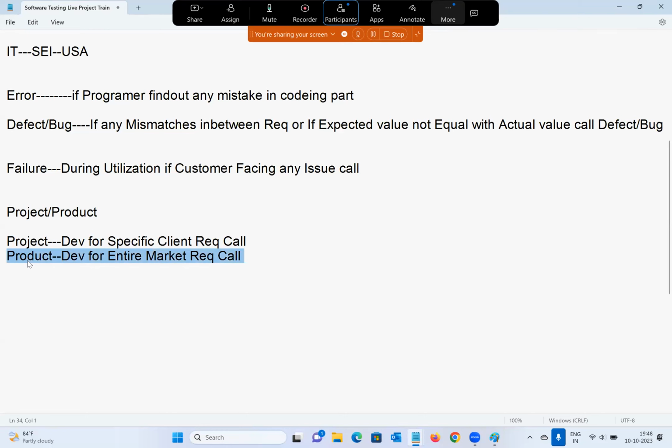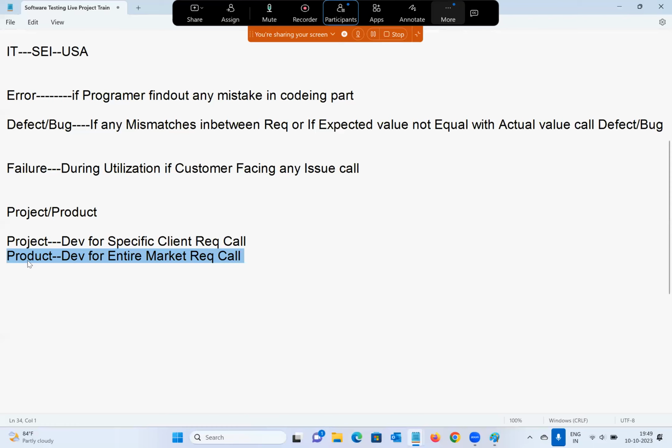I download WhatsApp and create a group between students and me, which is called a product. Which is developed for a specific client requirement is called a project, and for the entire market requirement is called a product.